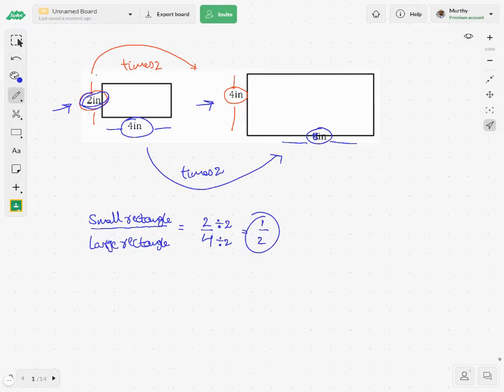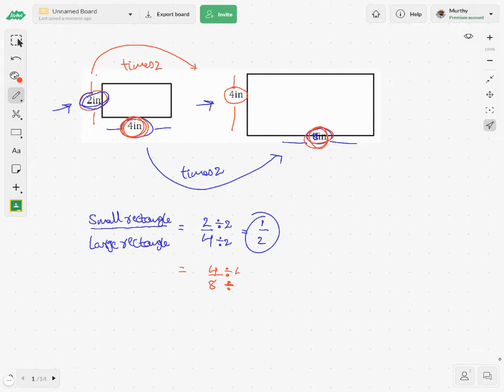Not only that, you can try taking the other sides. Here I am taking 4 and 8. Therefore, small rectangle length is 4 inches. Large rectangle length is 8 inches. Therefore, 4 over 8. Can you divide by any value? You may think it's either 2 or 4.